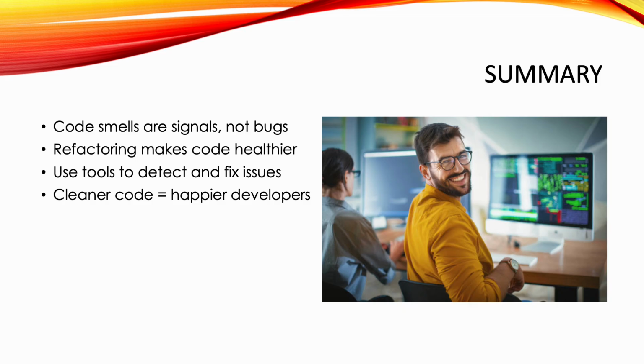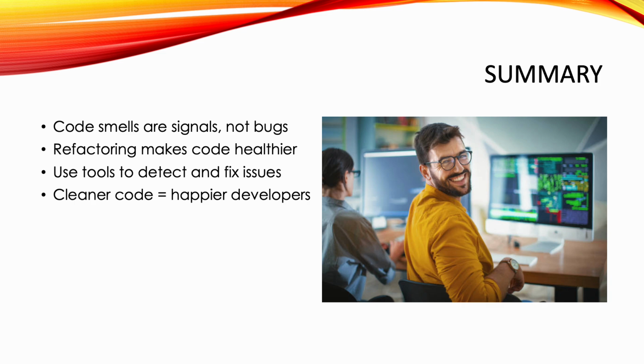All right, let's wrap things up. Throughout this presentation, we explored what code smells are. These are subtle signs that your code structure might be problematic. We looked at common examples like long methods, large classes, duplicated code, feature envy, and switch statements. Each of these patterns can slow down development, introduce bugs, and make your code harder to maintain.